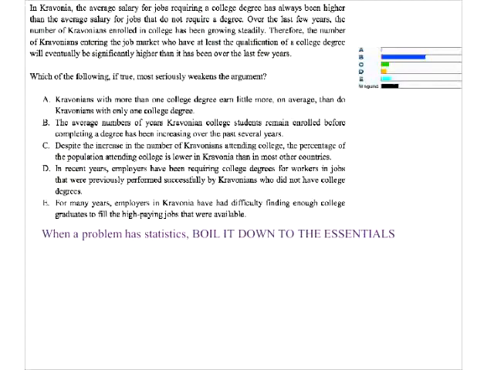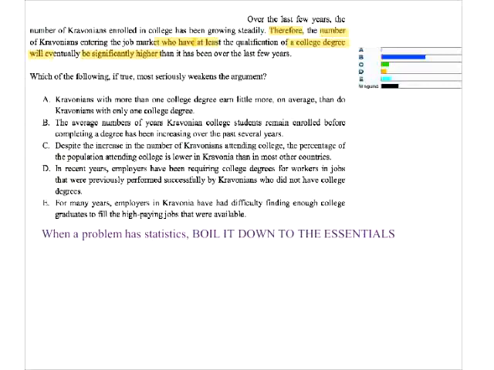So what's going on here is the conclusion of this argument is the number of Cravonians who have at least a college degree will grow. This is an argument, so the first statement is really just background. The average salary part is just background, and basically not even relevant to the argument, because it has nothing to do with the number of people who have degrees.